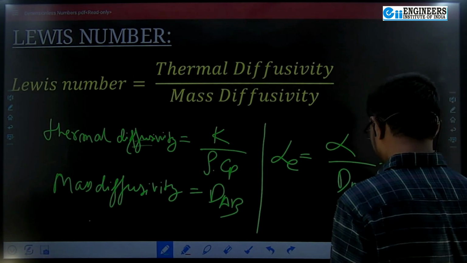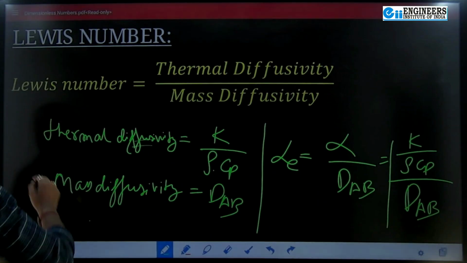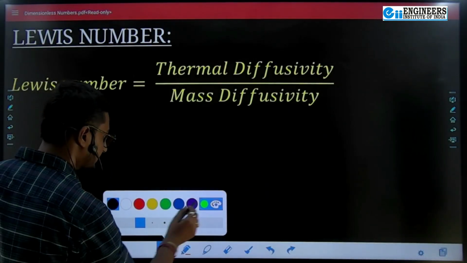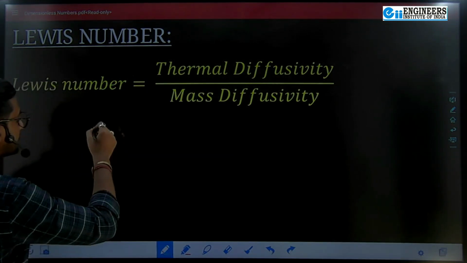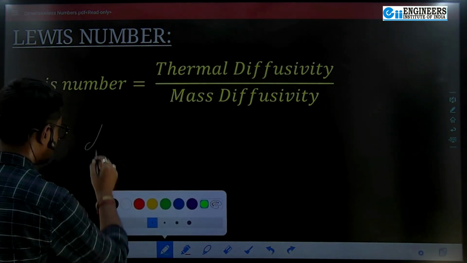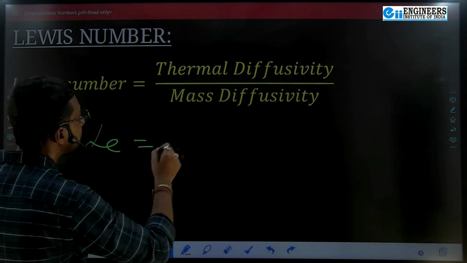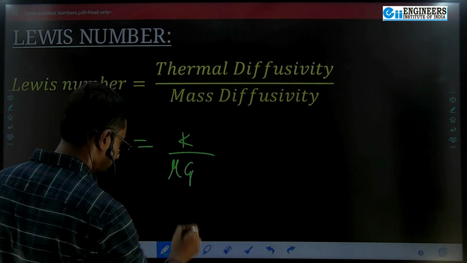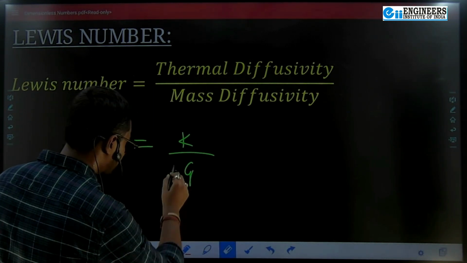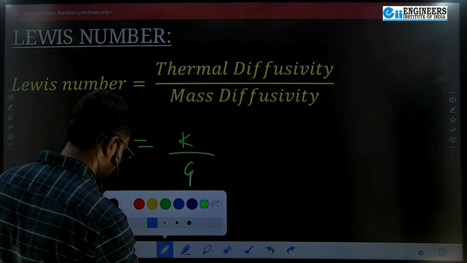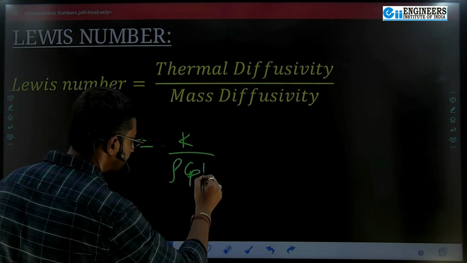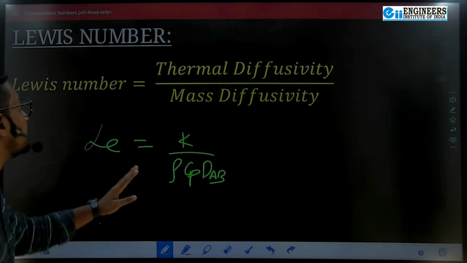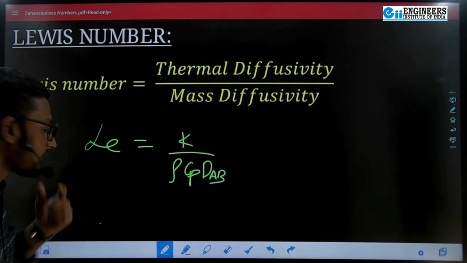Clear? So the general formula which comes out is that the Lewis number is equal to K divided by rho Cp and DAB. So this is our Lewis number. Now let's look forward.